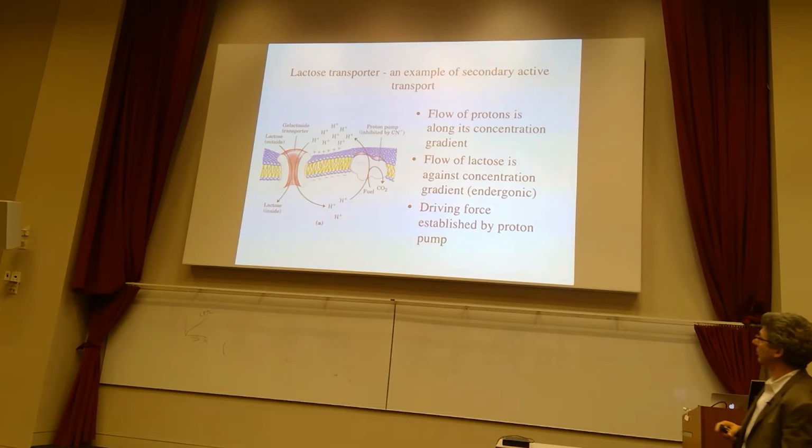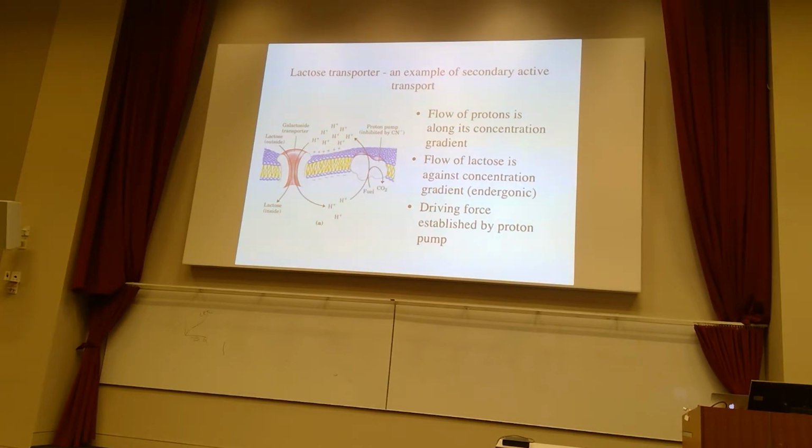And here's an example of that. This is the lactose transporter. In this case, the energy that's providing the import of lactose is established by the fact that the cell maintains a proton pump that takes hydronium and pushes the protons to the outside of the cell.